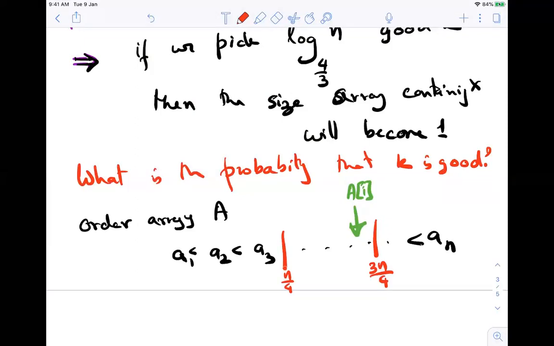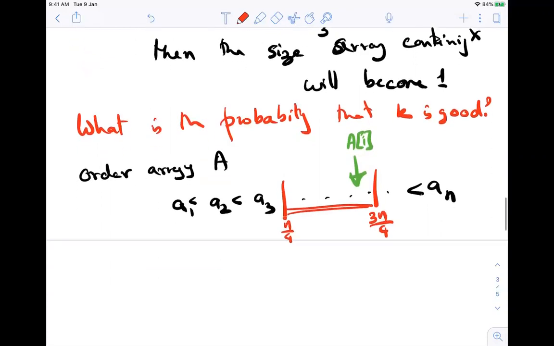So I'm basically picking up a random element from this whole set. And if the random element is within this range, I call this one good. If the random element is not in this range, I don't call it good. So probability it is good is this size of this range, right? So this is equal to half, right?